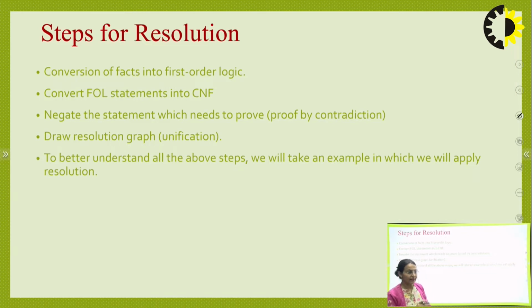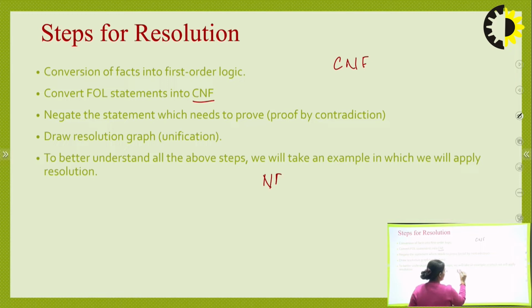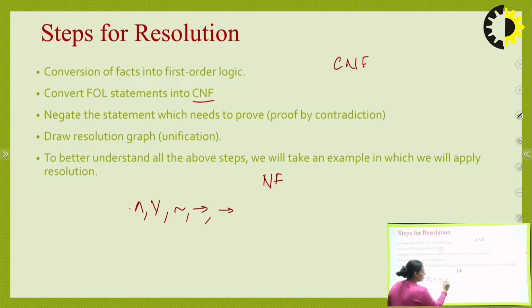Before taking an example, I just want to tell you about this CNF form. What is CNF? CNF is basically a normal form. Normal form means that if a clause is constructed, that clause can have any of the connectors: AND operator, OR operator, negation operator, implication operator, double implication operator, and quantifiers.